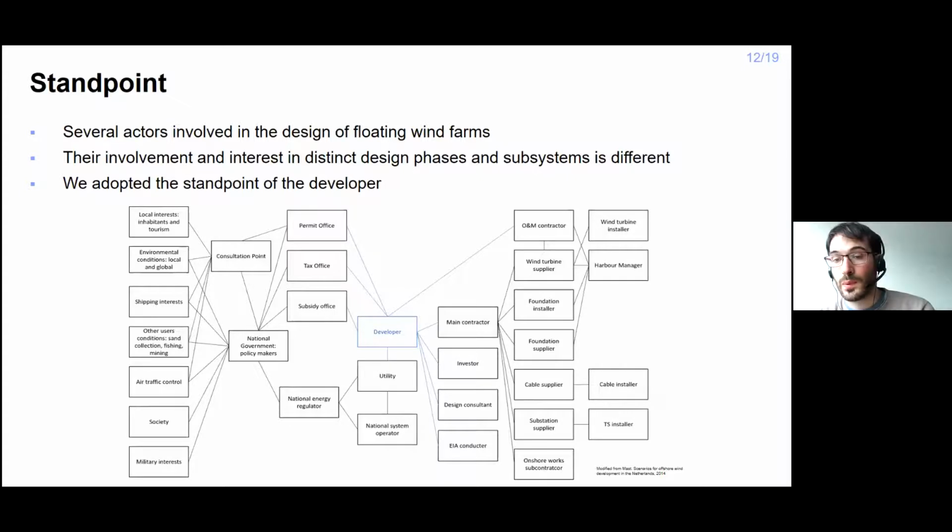For this work, we adopted the standpoint of the project developer/operator of the farm, as it is considered a central player, which is also active in most of the phases of the project. But this means, for instance, that we considered the wind turbine as a single subsystem, and we did not focus on the main turbine components, as we assumed that the integration of the main components within the wind turbine system will be the responsibility of the wind turbine manufacturer.